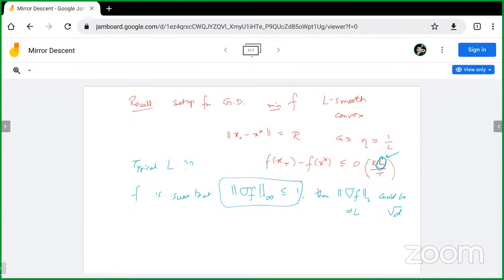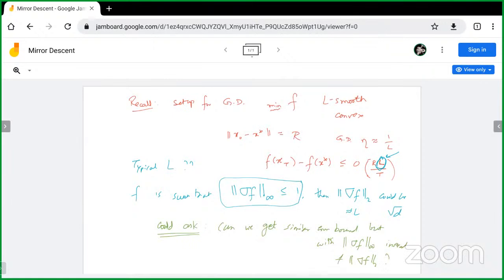So then naturally one could expect that, hey, can we get a similar bound, but with the infinity norm instead? Yeah.